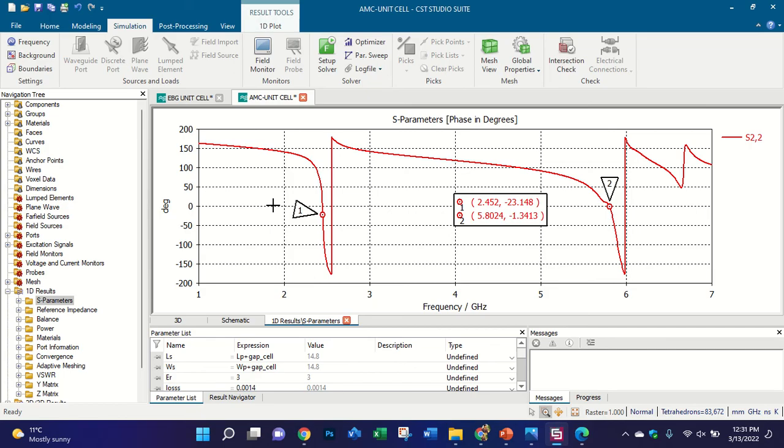But when you are simulating the antenna and the unit cell together, then you need to use the time domain solver, because if you are designing the unit cell using the frequency solver, you cannot get the results of this one in frequency domain to fabricate. So you need to go to the time domain so that you can fabricate and measure these types of unit cells.